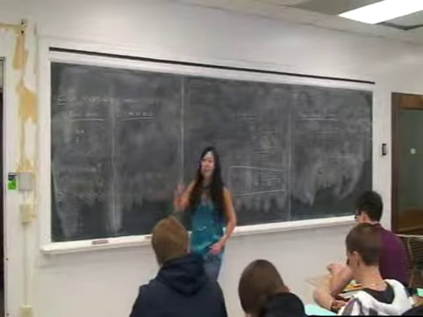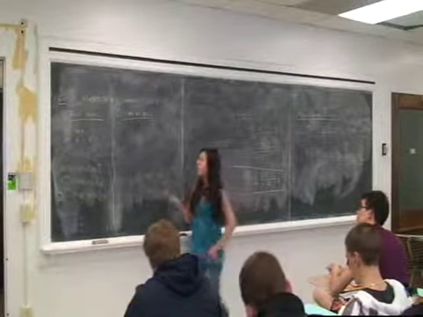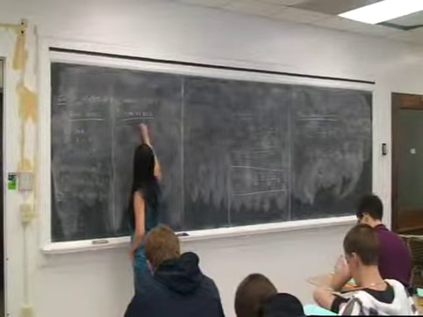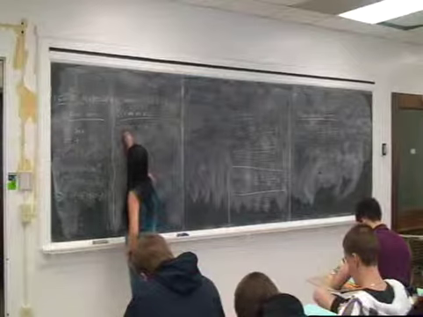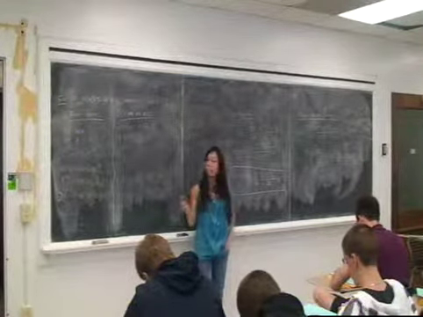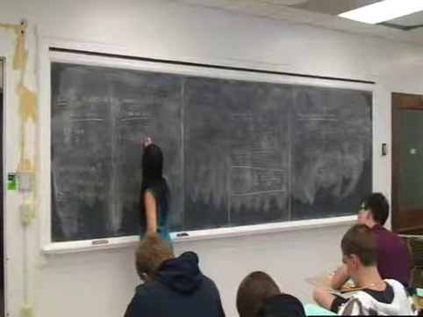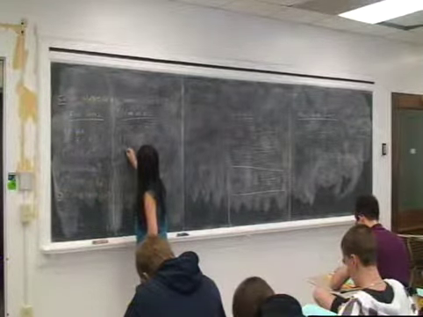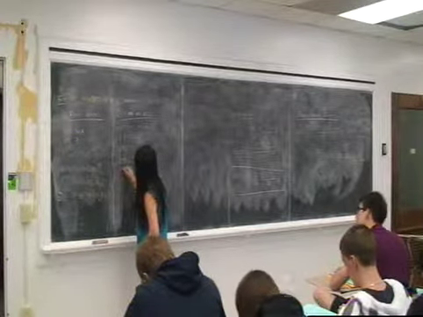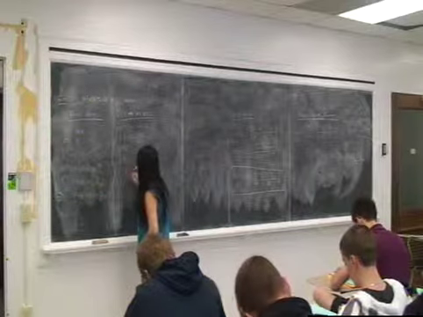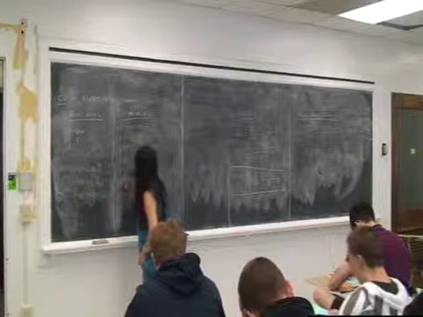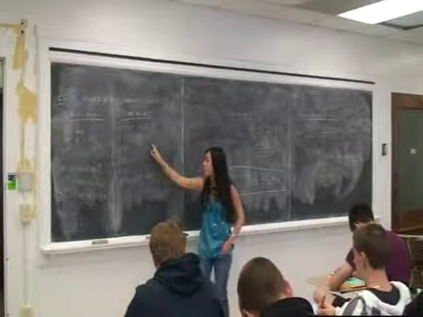Okay, so now we evaluate at the center, and the center is x equals 2. So f of 2, now I just plug 2 into x, so I get ln 2. Then I have f prime of 2, which is just 1 over 2. Okay, so then I have f double prime, now I plug 2 in.